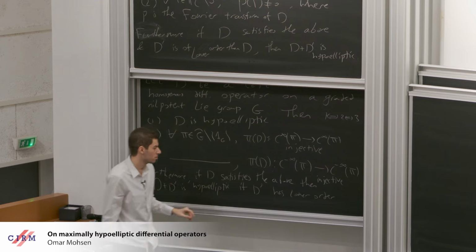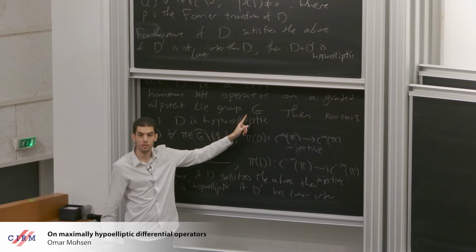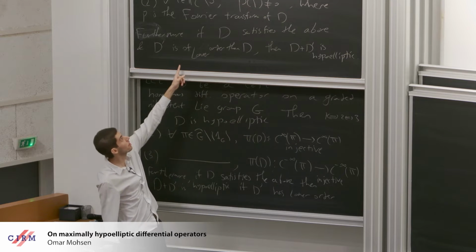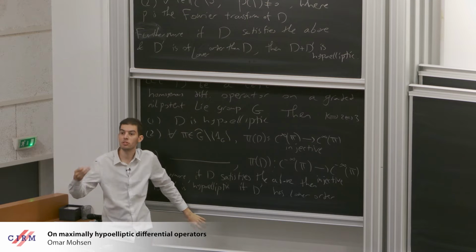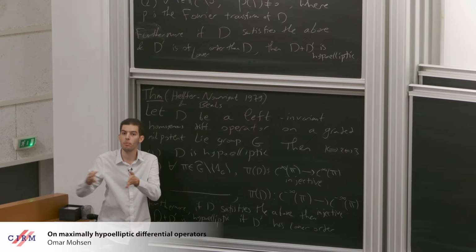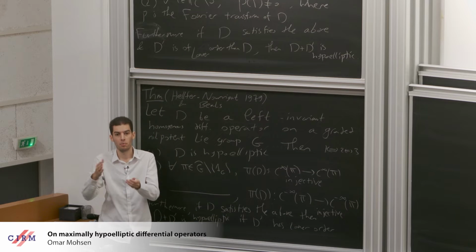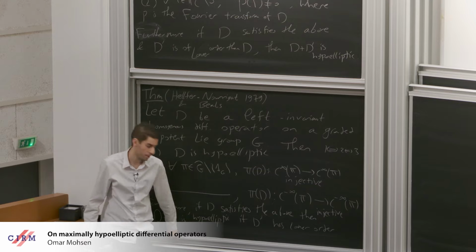And just to clarify a little bit, lower order here means with respect to the grading. So here this is the usual order, but when we said homogeneous, it was with respect to the grading of the group. So lower order means that it's a sum of homogeneous terms, each one of them having strictly lower order. Okay.